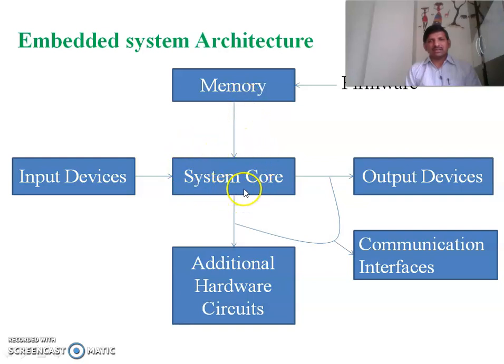Based on the conditions, if any condition occurs, it generates the control signal that is given to the output devices. The output devices may be speakers for giving audio, monitors for displaying information like LCD, LED, TVs, televisions, or actuators.